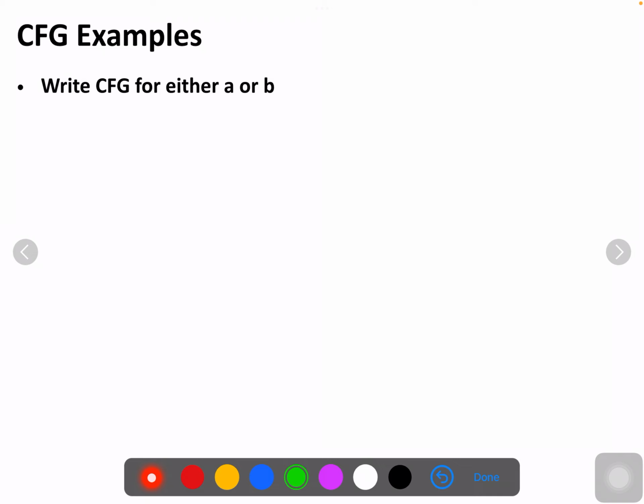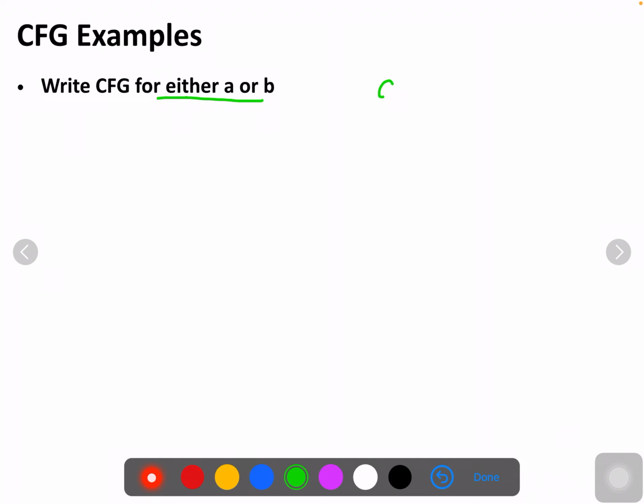We have already seen in the previous module, module 2, how to write a regular expression for a particular language. Similarly, write a CFG for either A or B. So how do you write that?